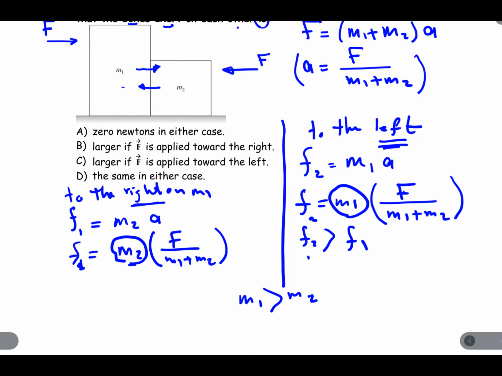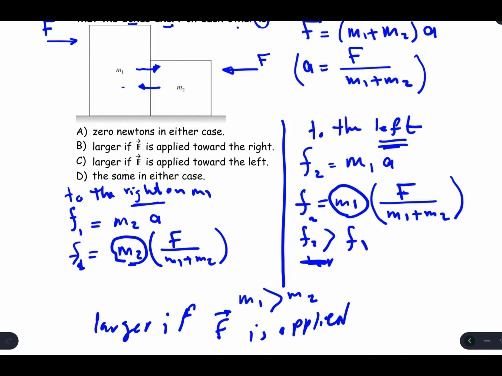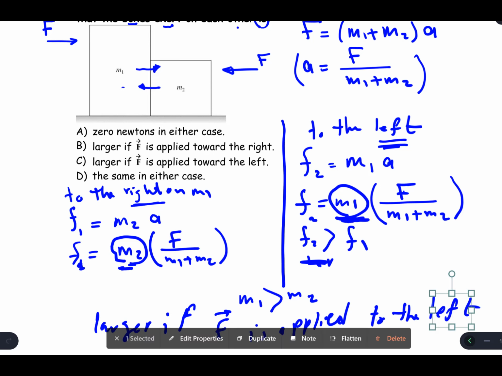So the answer will be larger if F is applied toward the left, because as you see here, M1 is larger than M2.